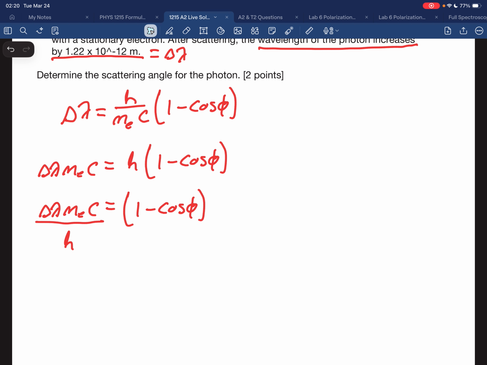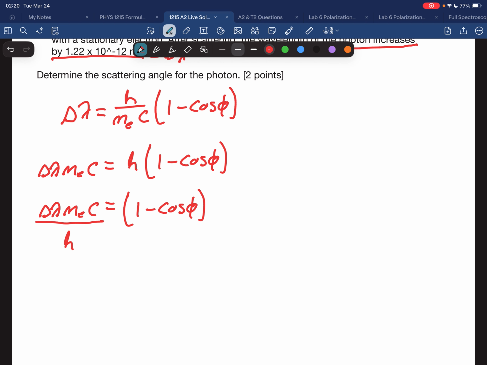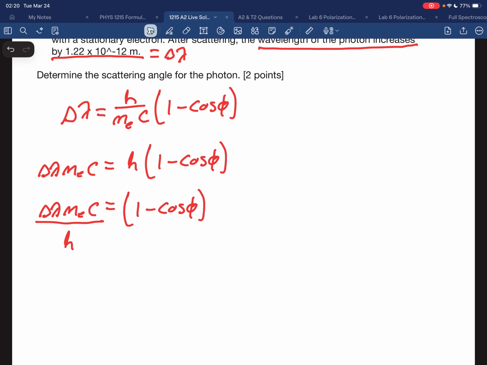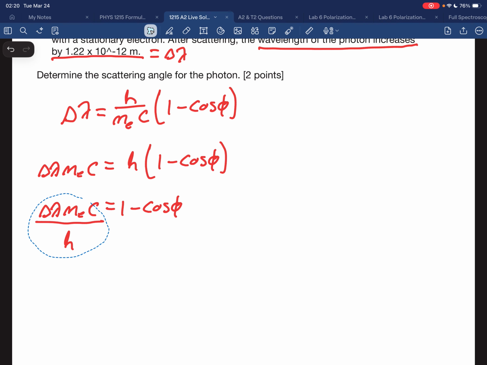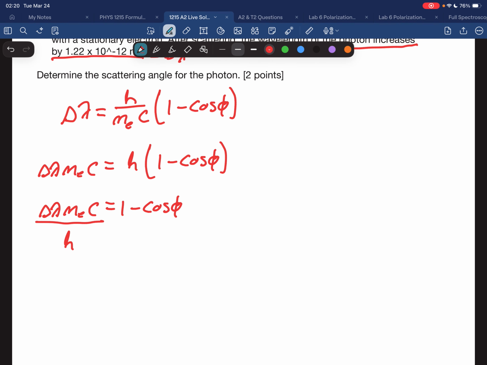There we go. And now I actually don't need these brackets anymore. So now I'm going to add this cosine phi to both sides, and I'm going to subtract this from both sides. So I'm going to have cosine phi equals 1 minus delta lambda m_e c over h.